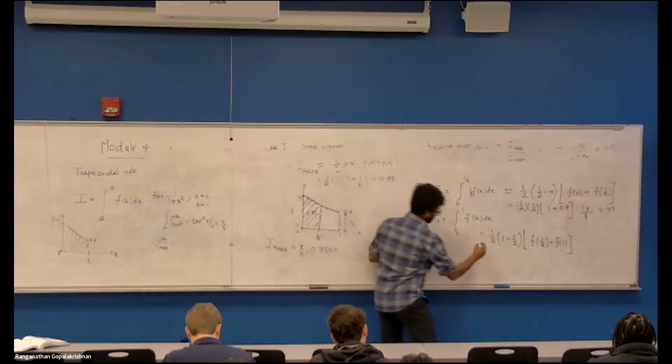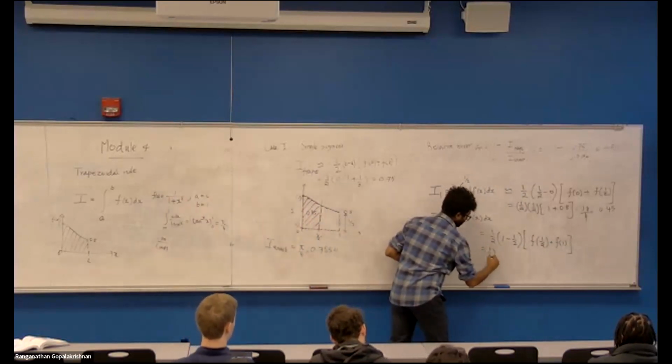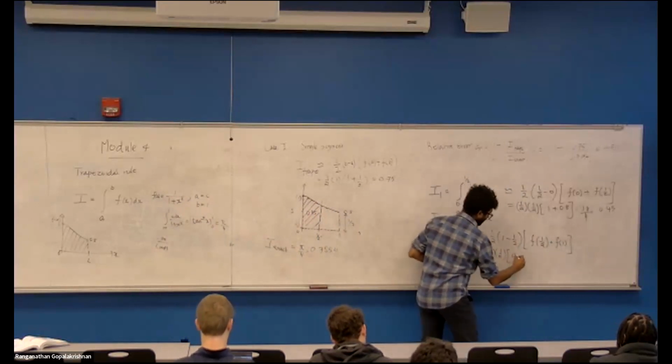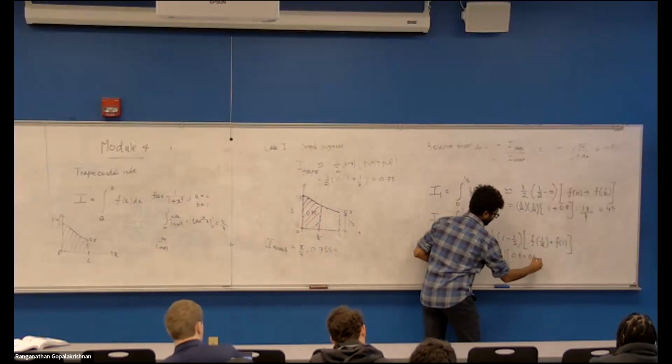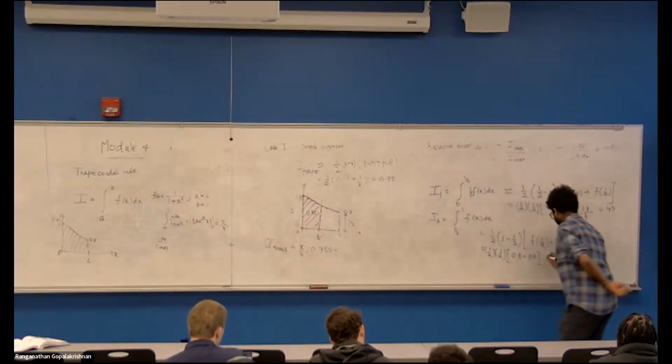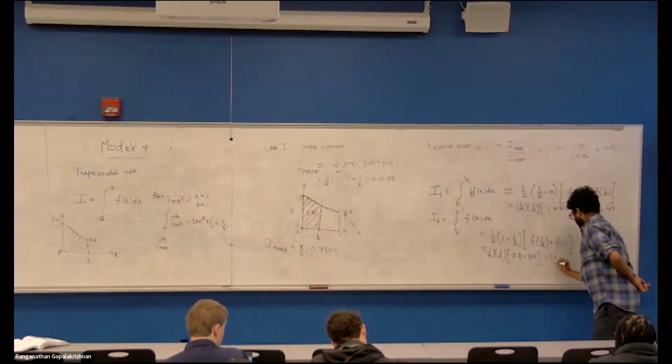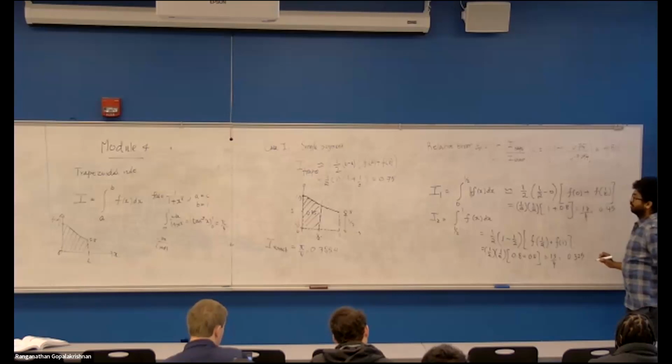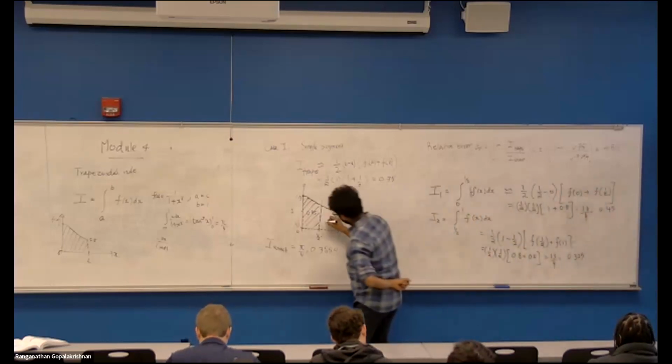So that would again be 1 by 2 times 1 by 2. F of half is 0.8, f of 1 is 0.5. So that's 1.3 divided by 4, which is 0.325.